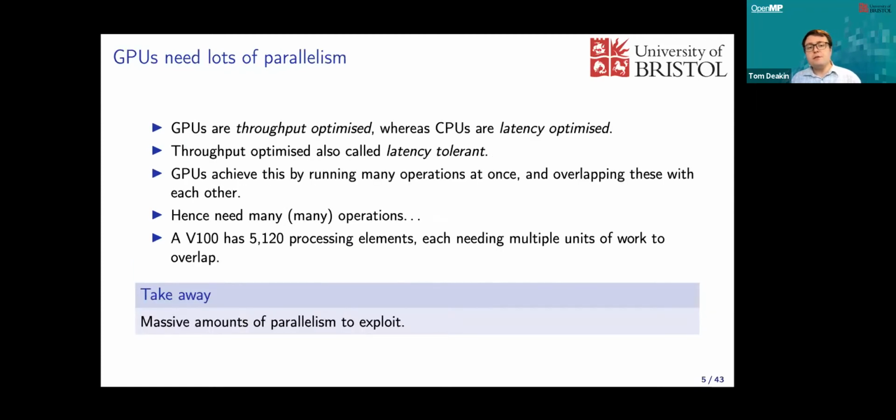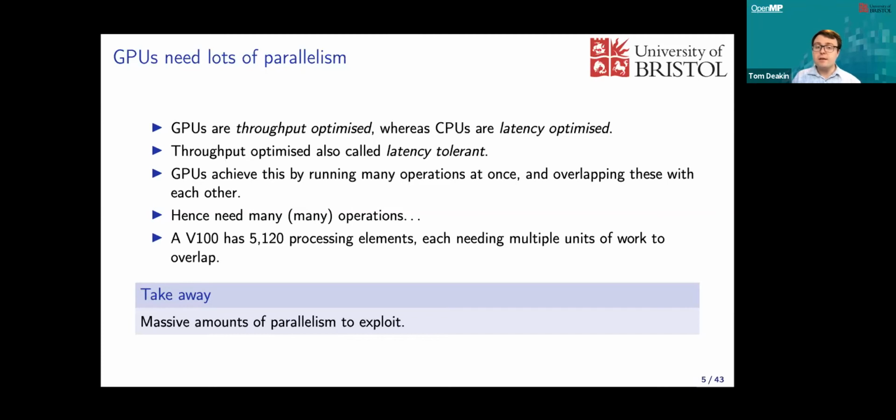Another thing to notice is that GPUs are typically classified as throughput optimized. So it's all about getting a large amount of stuff done in a given amount of time. Whereas CPUs are often optimized for latency, things like caches and that sort of thing, and the deep cache hierarchy that CPUs have really helps it become optimized for latency, whereas GPUs are all about being tolerant to long latencies.